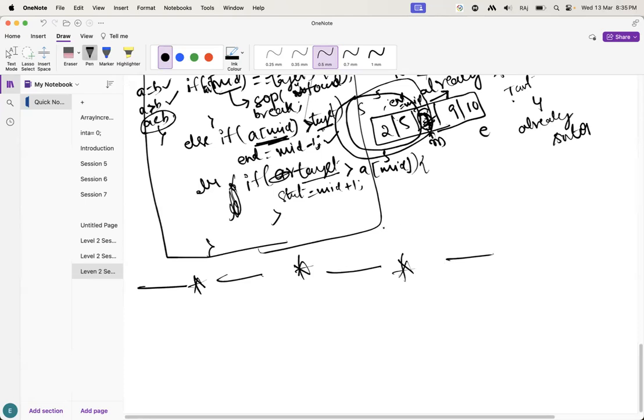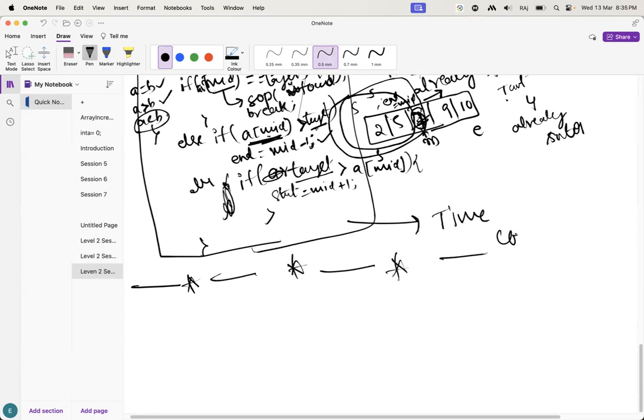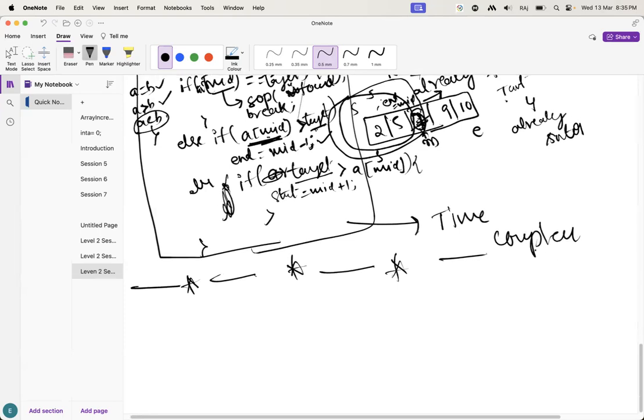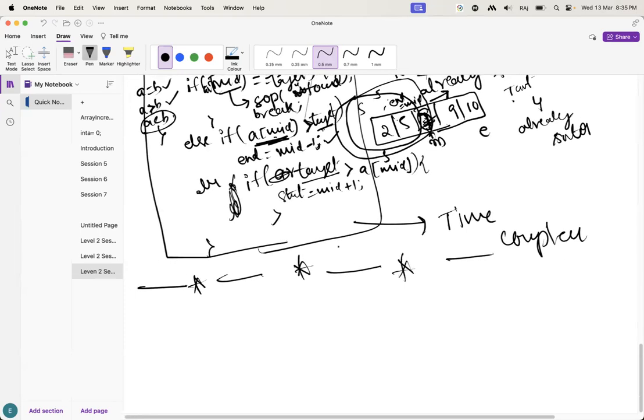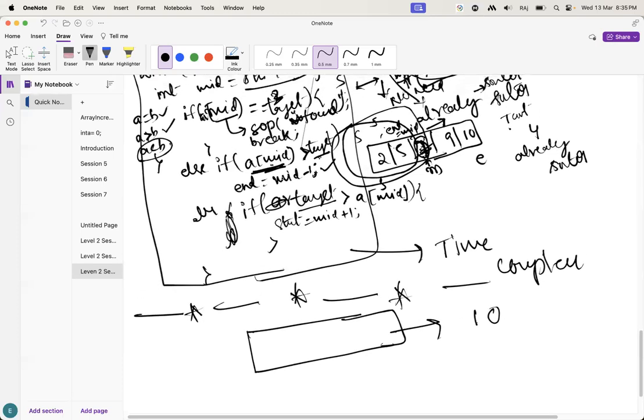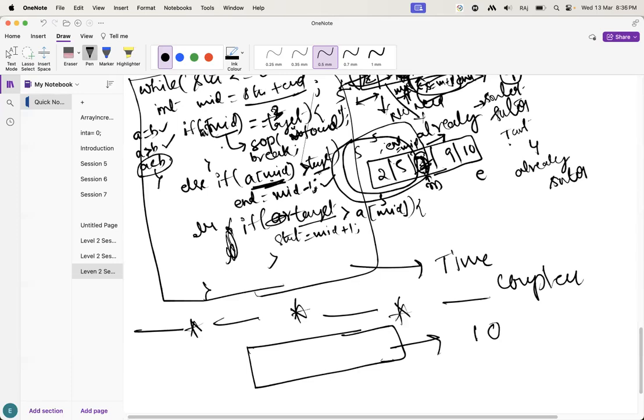Guys, what is the time complexity of this one? Initially, I will tell you how to do that. Let's suppose the array size is 10. 10 elements are there. Now we find the mid element. Based on the mid element, we are going to go to n equal to mid minus 1.